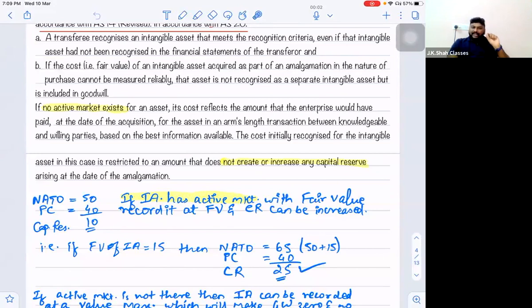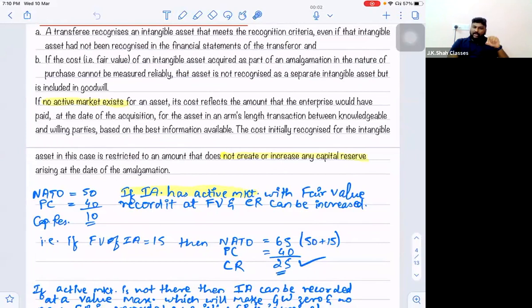But if active market is not available, then you can record the intangible asset. You can record, still you can record. Active market is not there, but still you can record the intangible asset.